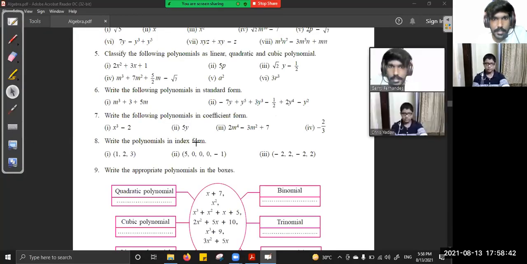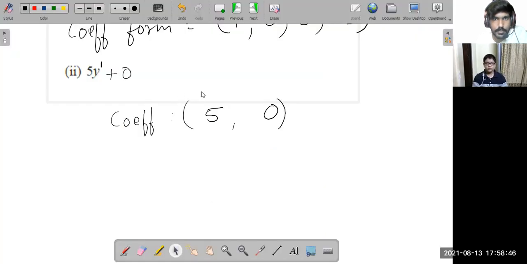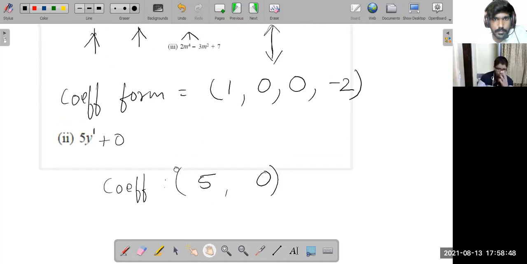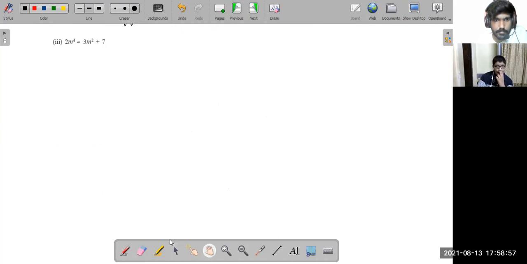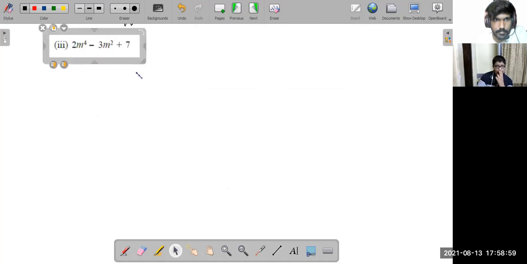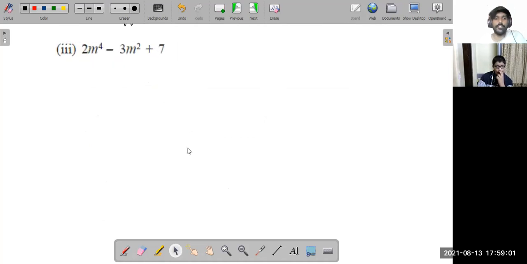Now the third one you have to do. Tell me the coefficient form of this.